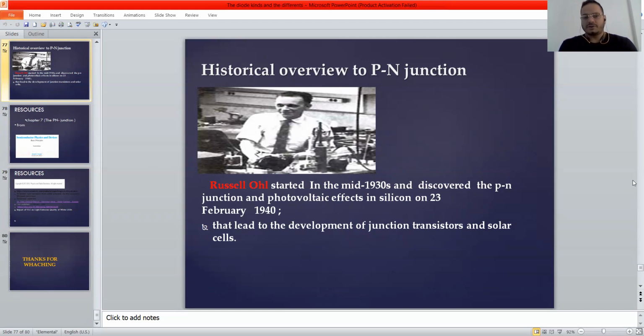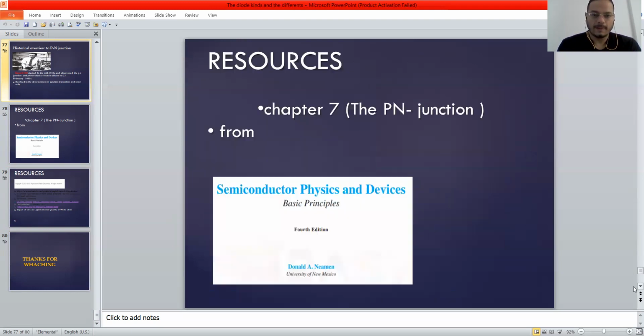All that belongs to this great physicist, Russell Ohl, who started in the mid 19th century and discovered the PN junction and photovoltaic effects in silicon on 23 February 1940, rest in peace. That led us to the development of the junction transistor and solar cells. All of these because of this guy.